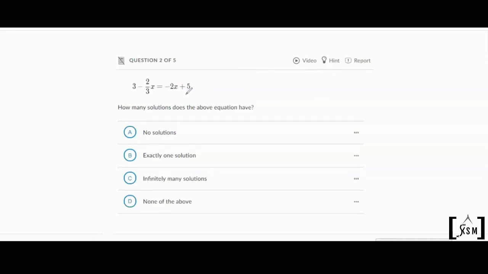Does the above equation have? So we'll solve the equation and see how many solutions. Bringing minus 2x over 3 to this side and taking plus 5 to this side, we get 3 minus 5 equal to negative 2x and plus 2 over 3x.